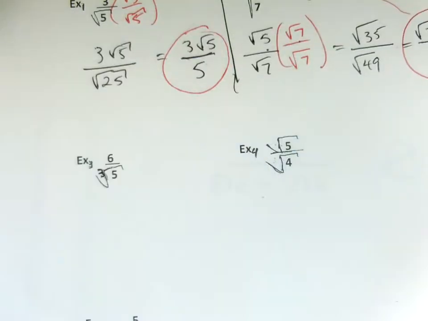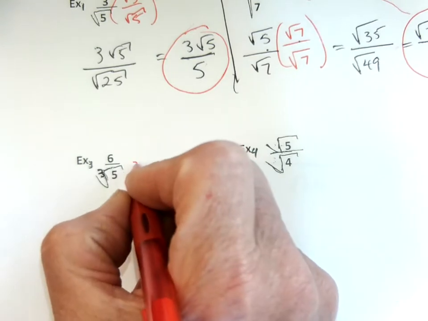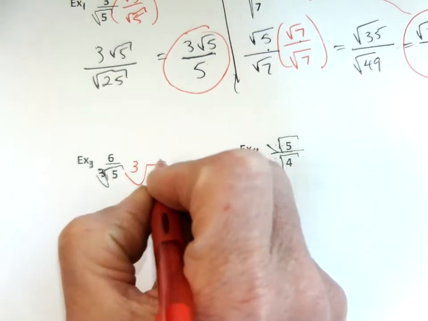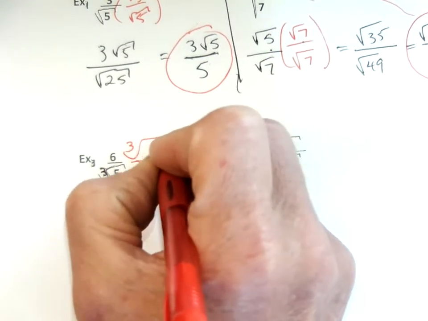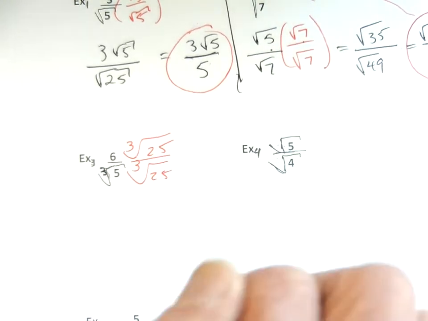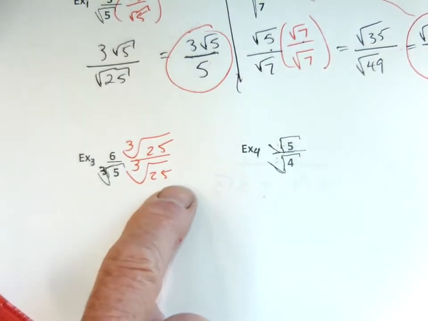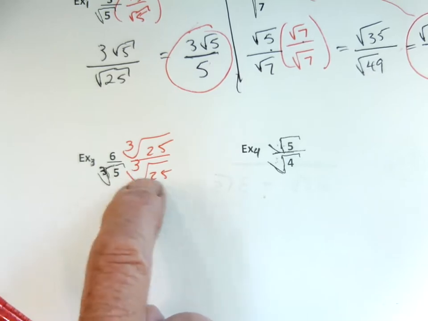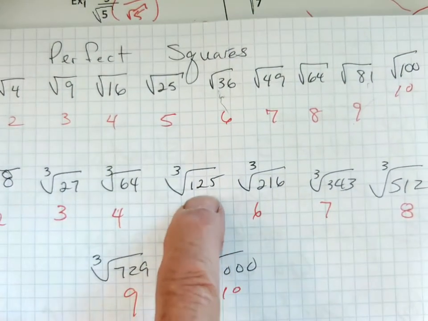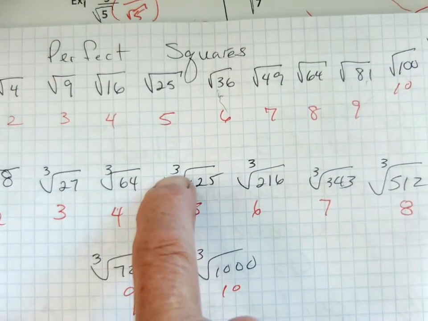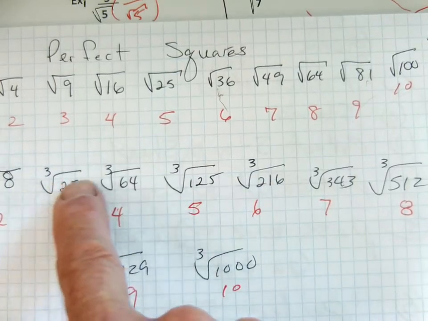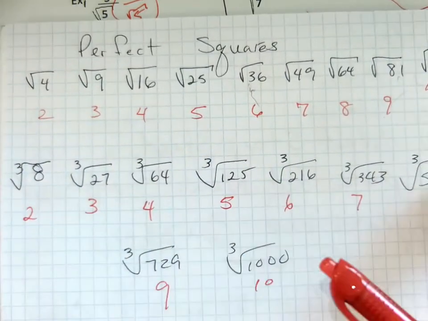So I'm going to multiply this by the cube root of 25. Now, that's a little bit more tricky. But if I multiply 25 times 5, 25 times 5 is 125, and there is a perfect cube root of that. I need to make my bottom, the denominator, into one of these numbers, okay?